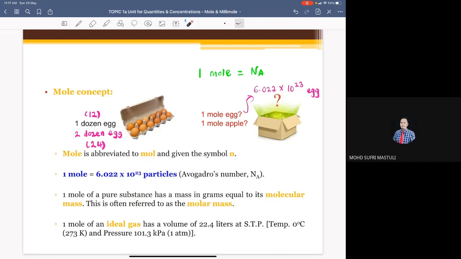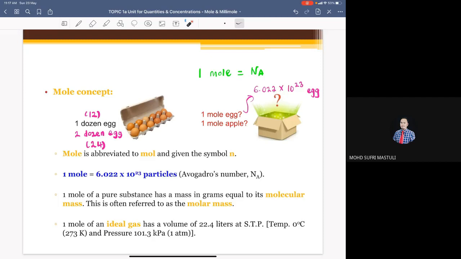How about 1 mole of ideal gas? 1 mole of ideal gas has a volume of 22.4 liters at STP. What is STP? Standard temperature and pressure. The temperature should be 0 degrees C or 273 Kelvin. The pressure should be 1 atmosphere, ATM, or 101.3 kilopascal.